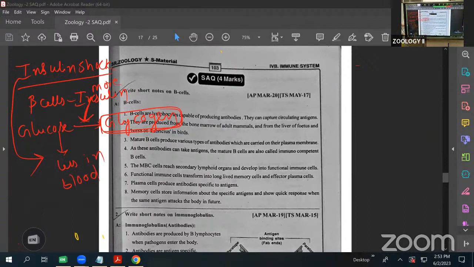It causes insulin shock. This is the opposite of diabetes mellitus. Here, we discussed the differences between diabetes mellitus and diabetes insipidus, and next the VSAQ on insulin shock. Next, one more we are going to discuss: erythropoietin.